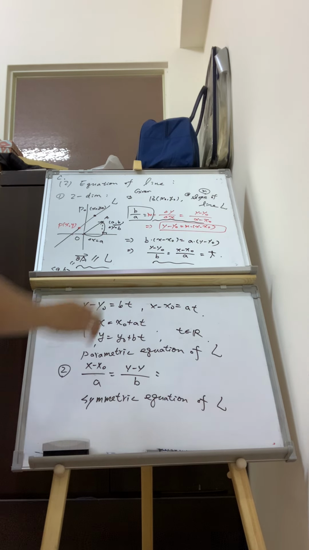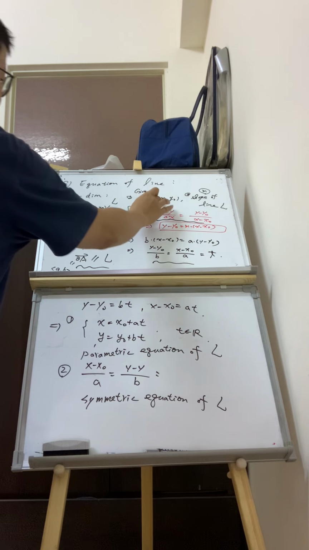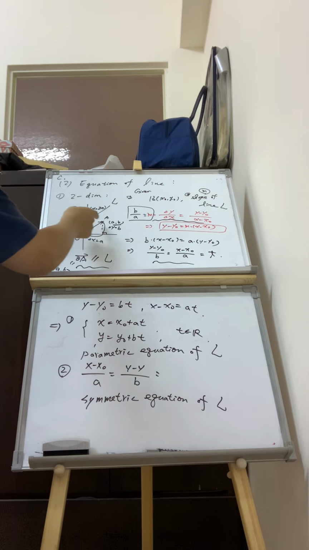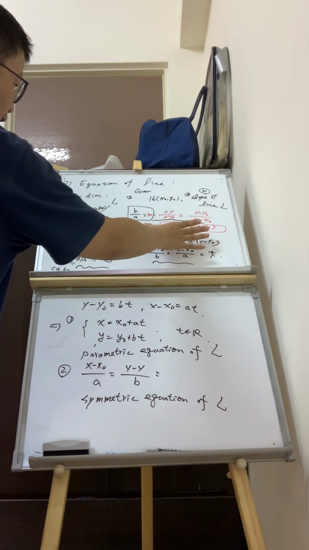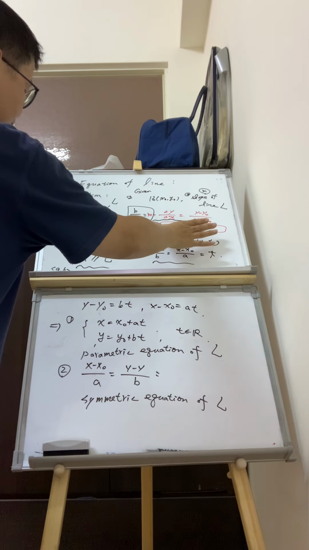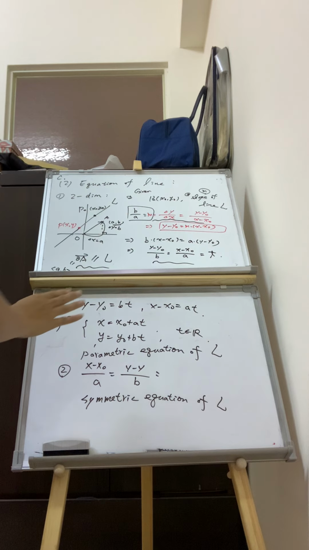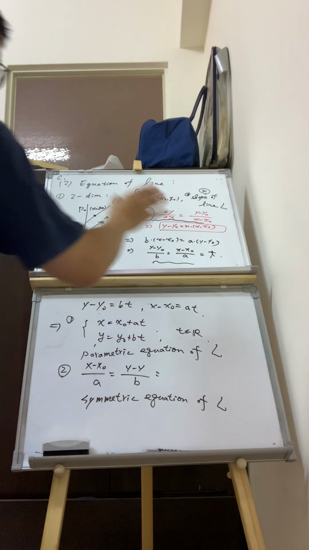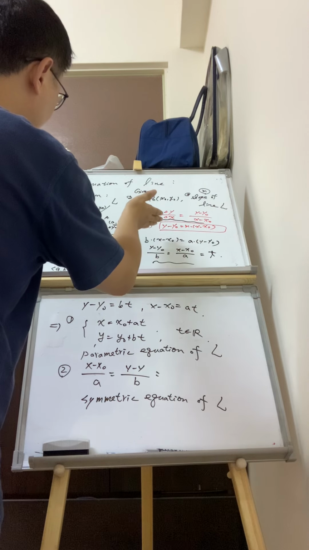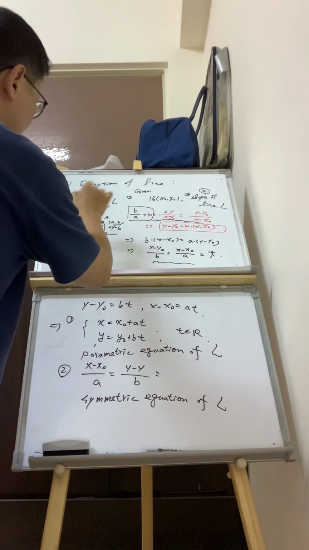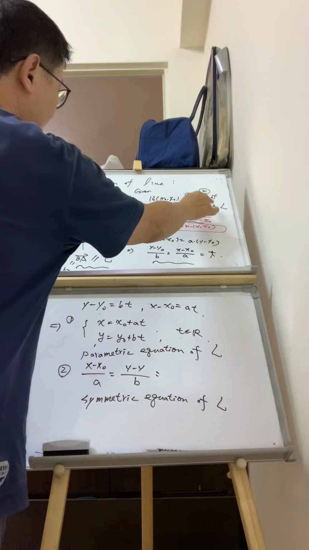So for the two-dimensional case, if we have a point P0 on a straight line and we have the slope n, then of course we could figure out its tangent line, the line passing through this point with slope n.